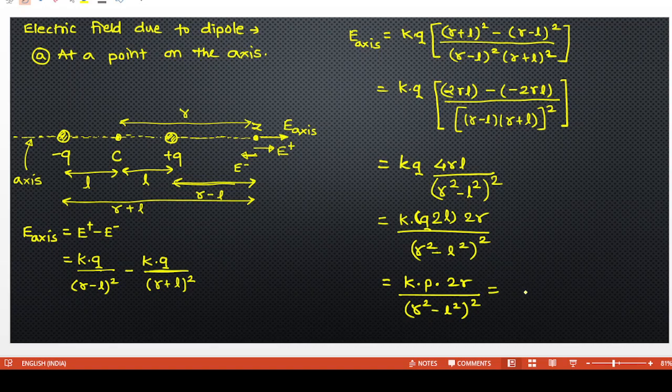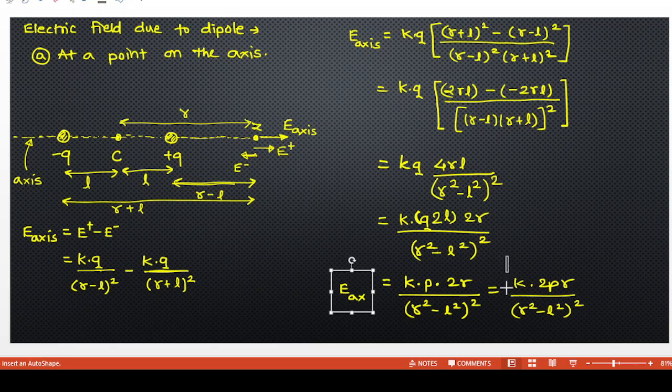Now we will rearrange this as k 2PR upon (r square minus L square) square.